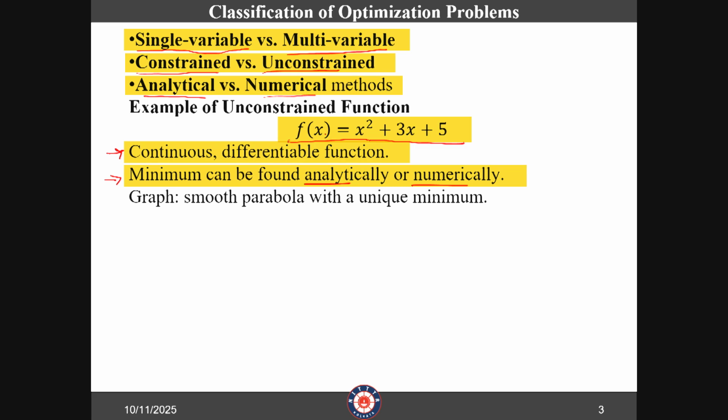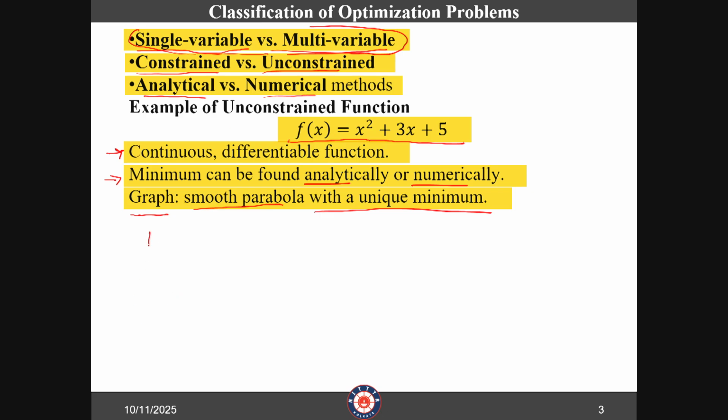As this is a quadratic function, it is a smooth parabola with a unique minimum value. Why is it one dimensional? It is because it is a single variable function.